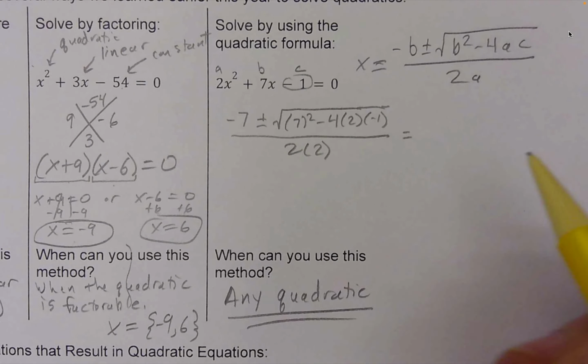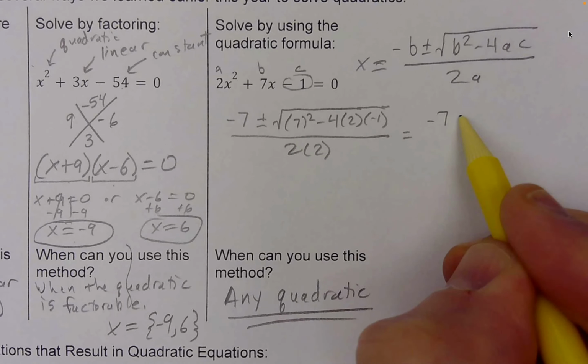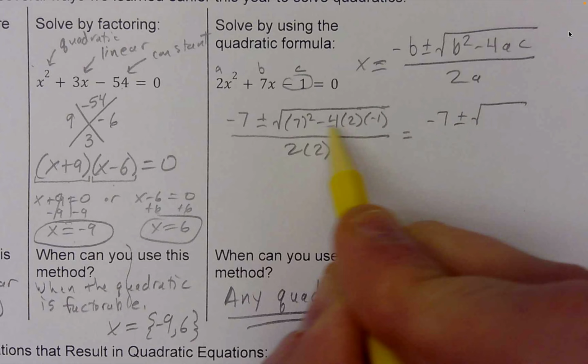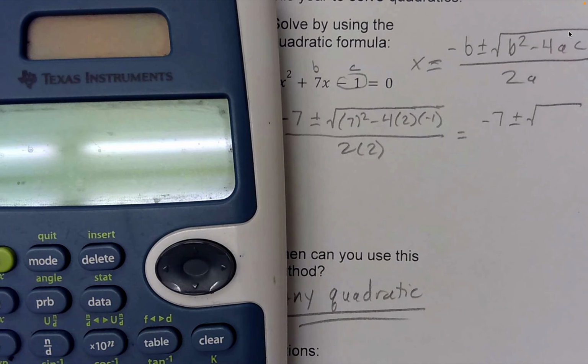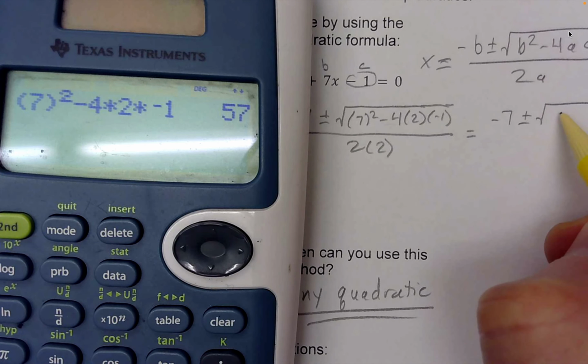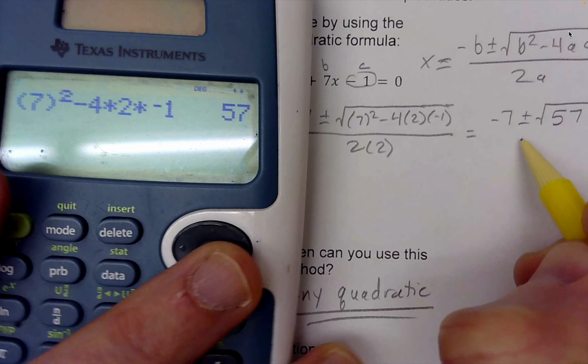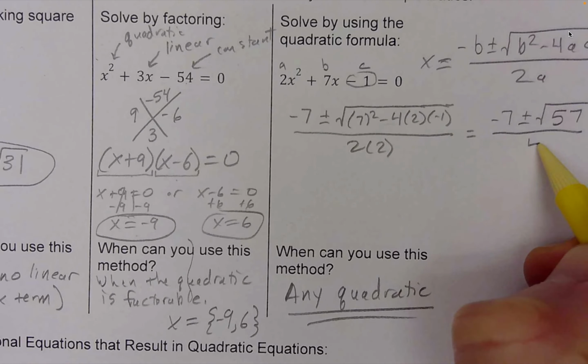And so I'm going to simplify the inside here on my calculator, 7 squared. Make sure you do put this in parentheses. It's really crucial to do that, especially when it's negative. Minus 4 times 2 times negative 1, so 57. And then this is 4 in the denominator.